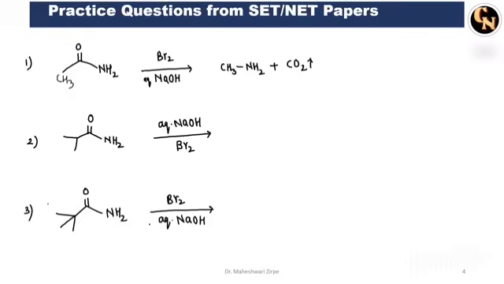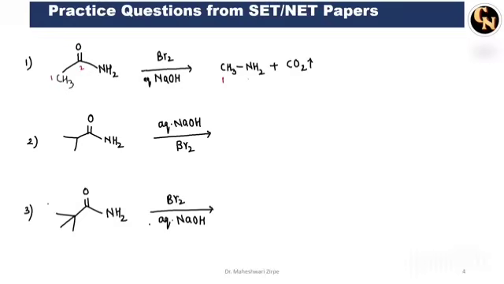See, how many carbons are there in the starting material? That is 1, 2, 2 carbons and one NH2. So in the final product you will find only one carbon is left and NH2. So one carbon has been lost along with oxygen.